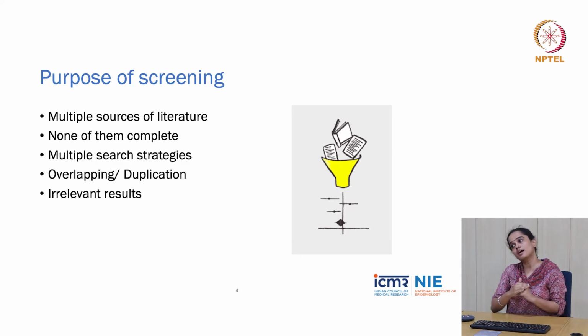So you are likely to have overlapping results or duplicate results. And since none of these are perfect, you will also be having irrelevant results, and you will be sometimes surprised to see how many irrelevant results you find despite putting a lot of effort into your framing of search strategies.